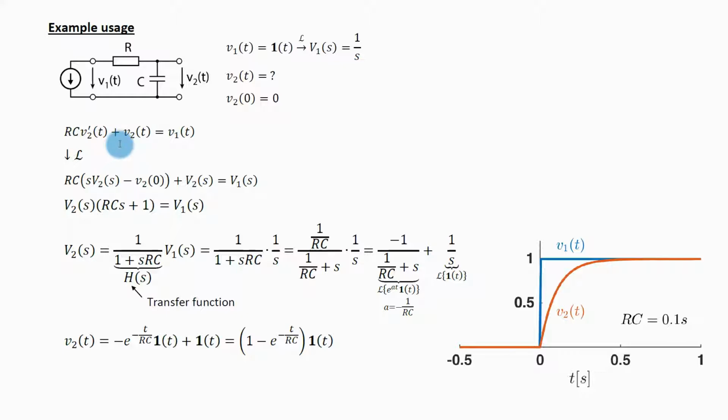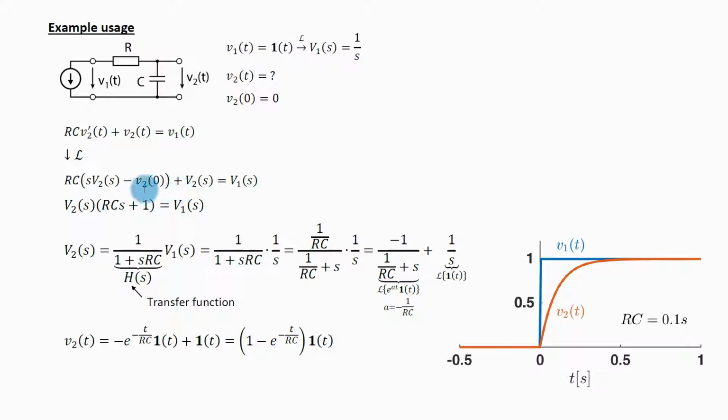When I do that, this voltage V2 will become this Laplace image uppercase V2, and this derivative will become this Laplace image uppercase V2 but multiplied by s, and the initial condition is subtracted like this. On the right hand side, the input voltage V1 will become the Laplace image uppercase V1.